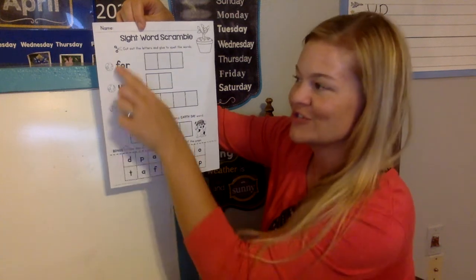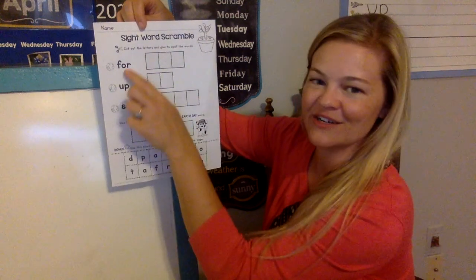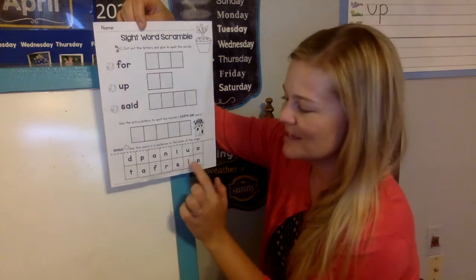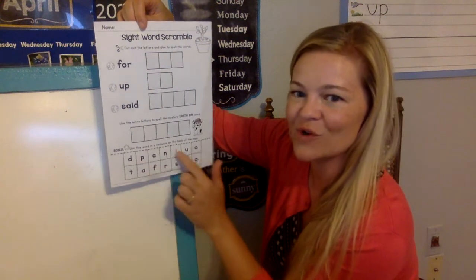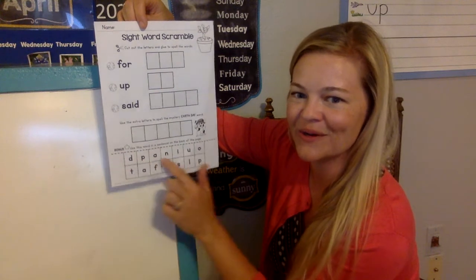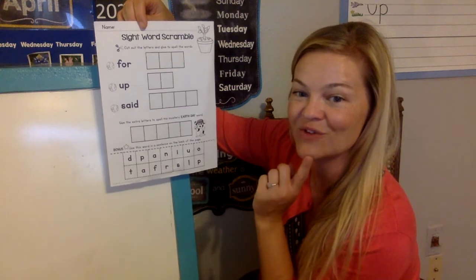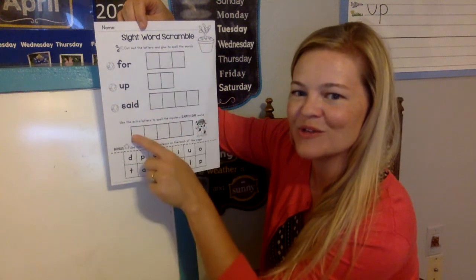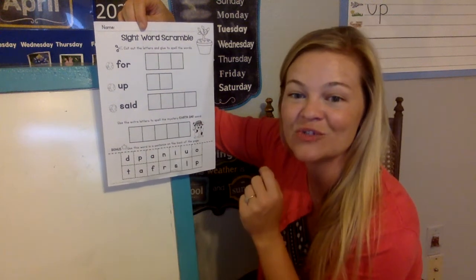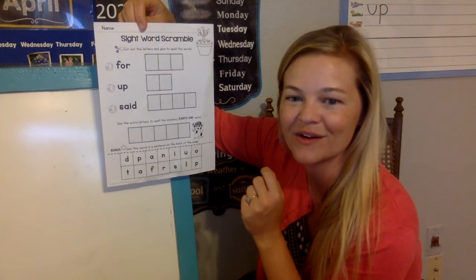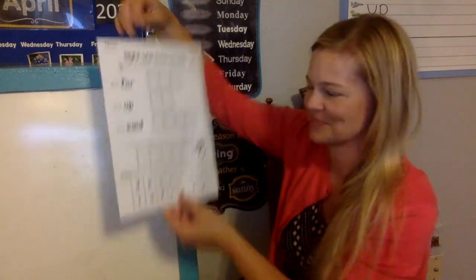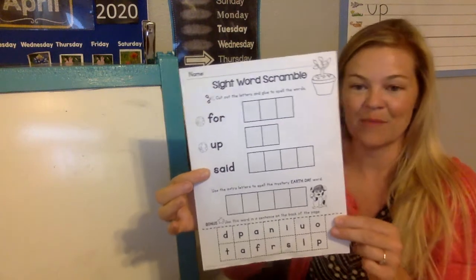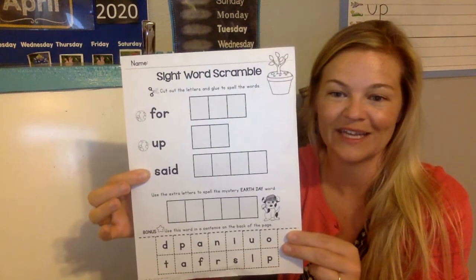So after you use all the letters to spell for, up, and said, there's going to be a couple letters left over down here. And you have to figure out which order to glue them in to spell a mystery Earth Day word. Ooh. Okay, so that can be found. I posted it for Sight Words and Fundations today.